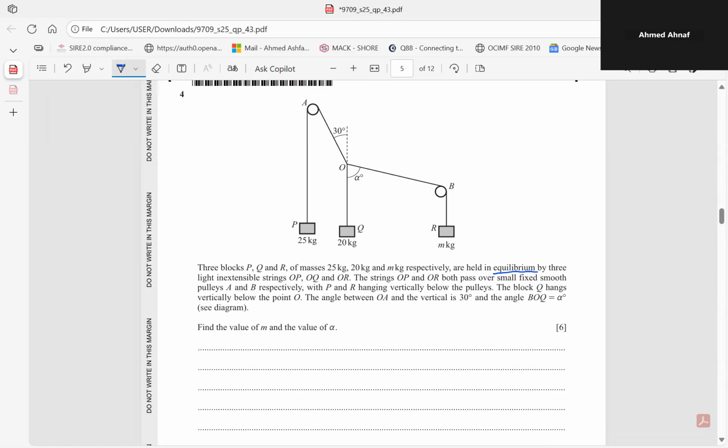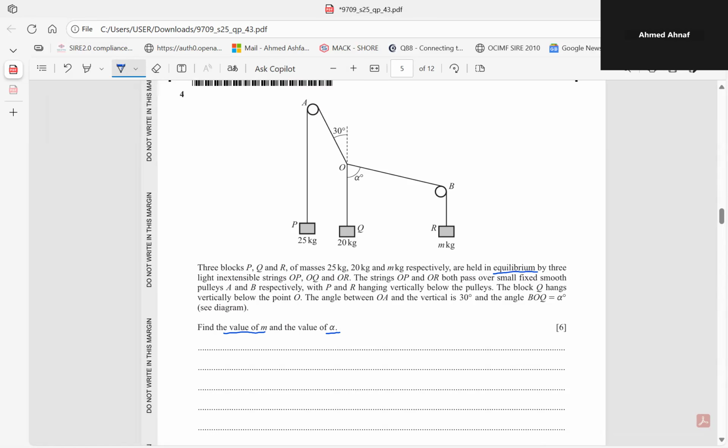The block Q hangs vertically below O. The angle between OA and the vertical is 30 degrees, and the angle BOQ is alpha degrees. All this is given in the diagram. Using all this, you have to find the value of m and the value of alpha.